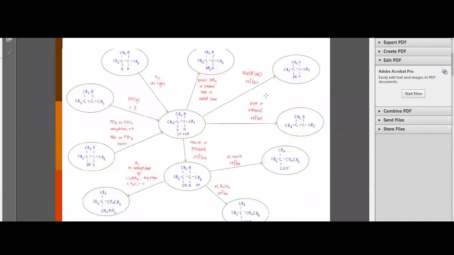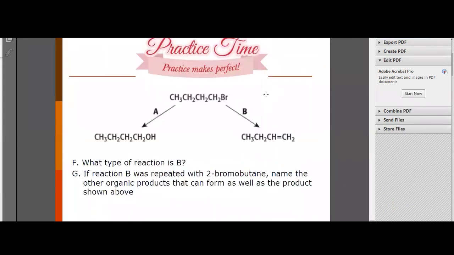Okay, the last one is this. Let's discuss the answer. What type of reaction is B? This is elimination.